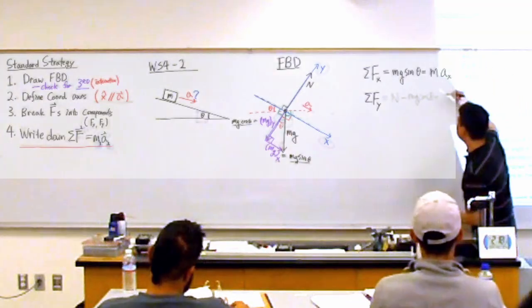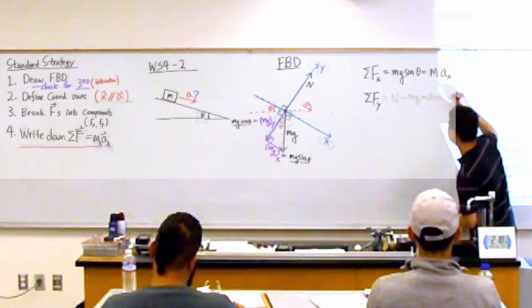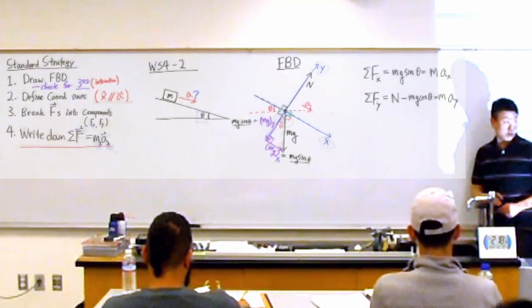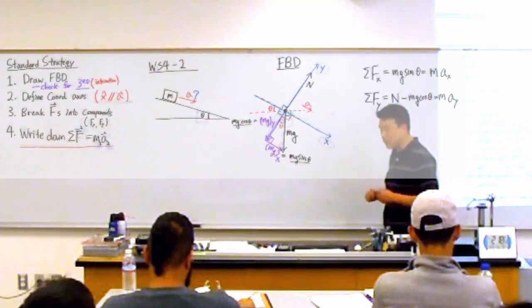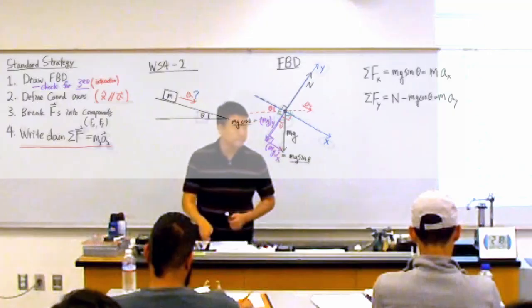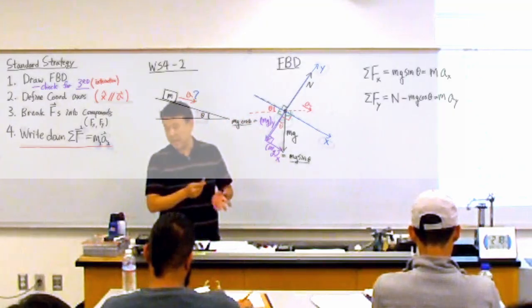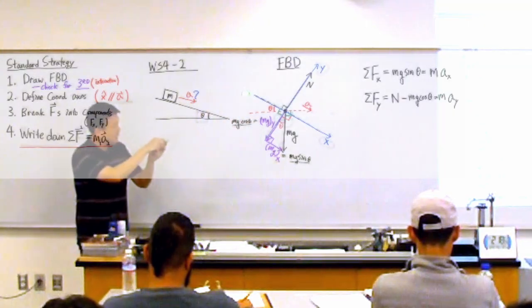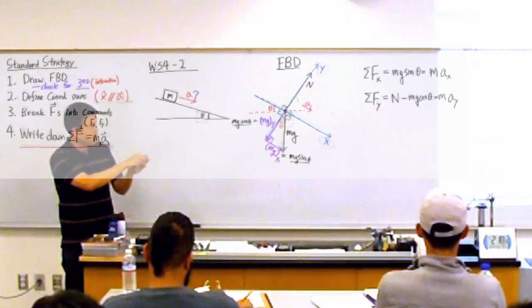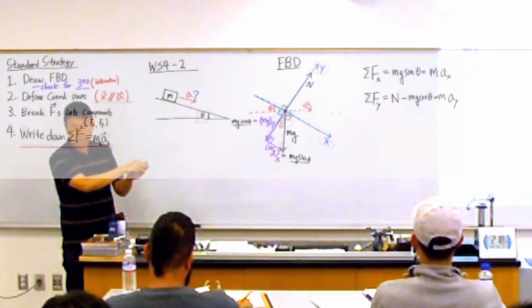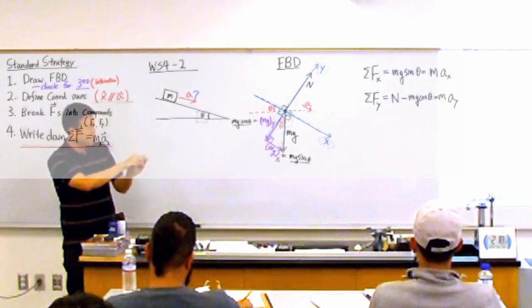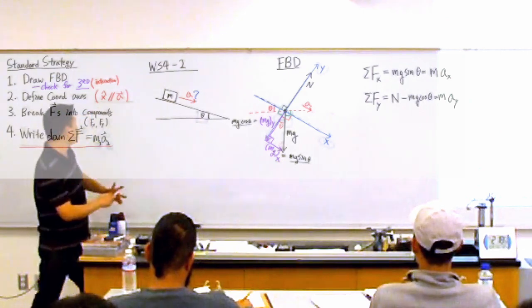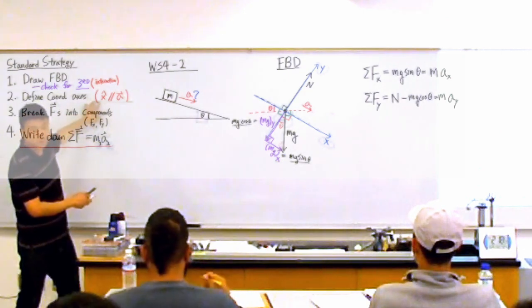Now, technically, what it is supposed to be is mass times y component of acceleration. Now, what is the y component of acceleration in our case? 0. And that's by design, because we chose our axis so that x-axis is along the direction of acceleration, that made y component of acceleration 0. That is really why this recommendation is there.